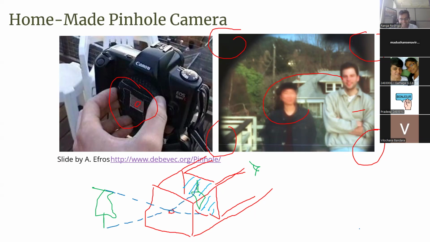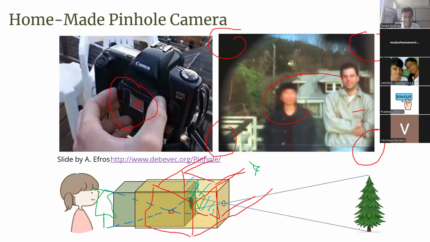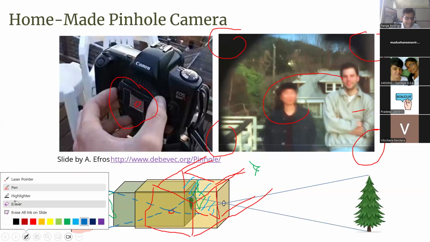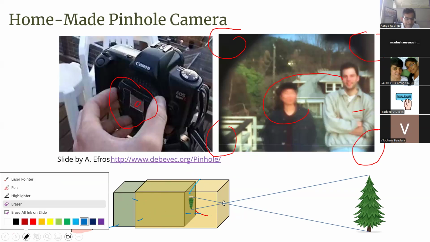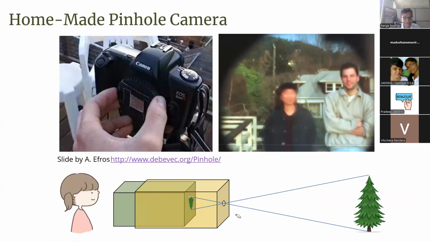So this is the experiment that Paul Debevec has done here, but using an actual camera so that he can record what he gets on the CCD. Here is the actual picture of this, the cartoon picture of that. It's quite nice, right? I hope it is clear to you why that happens.